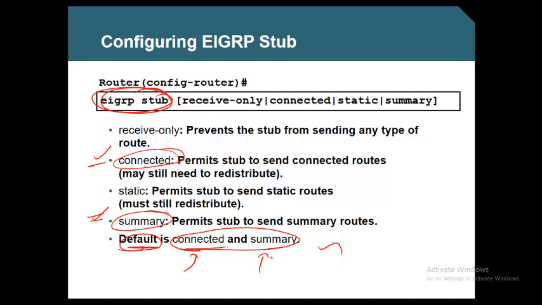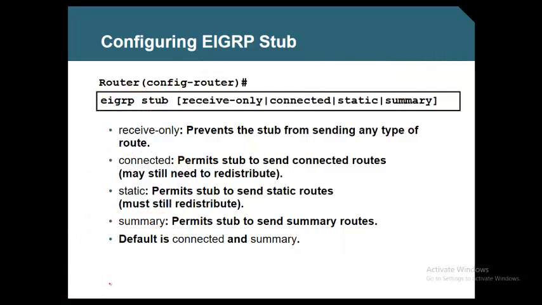If you say EIGRP stub connected, it is going to take responsibility only for connected networks. If you say EIGRP stub summary, it will take responsibility only for the summary network. If you don't say connected or summary, it will take responsibility of both. If you simply say this and hit enter, it takes responsibility of connected as well as summary. You got it?